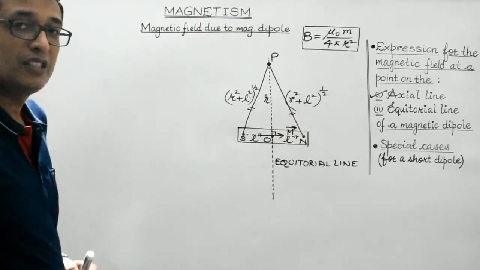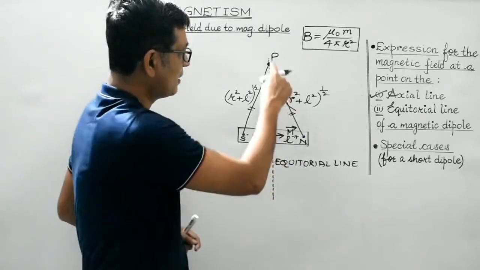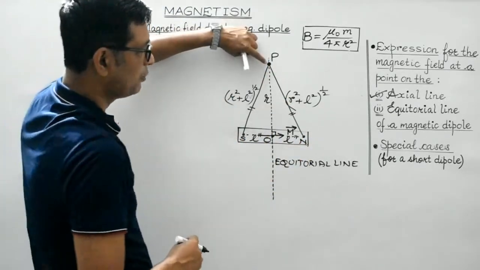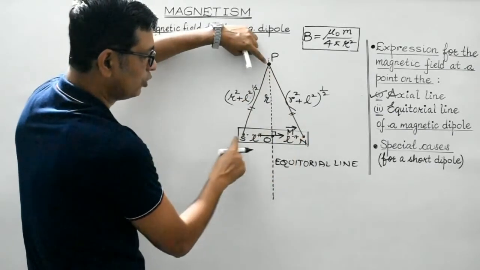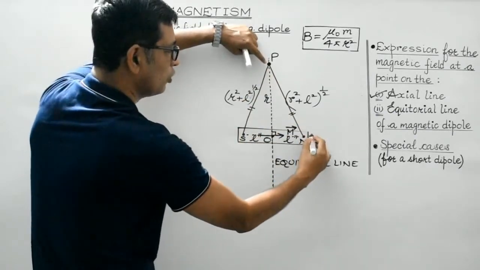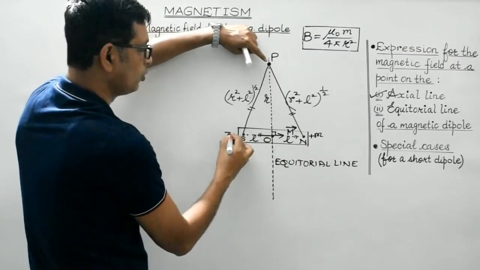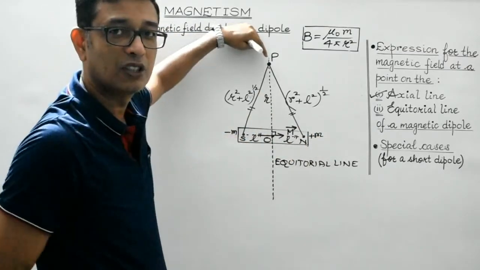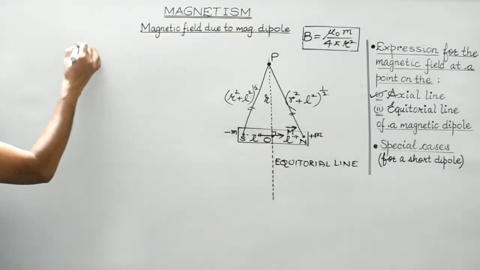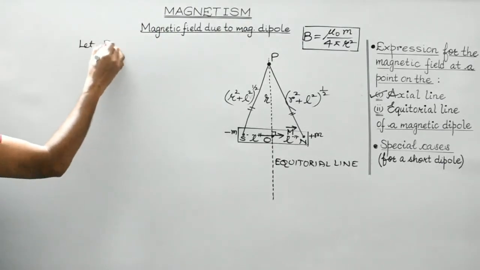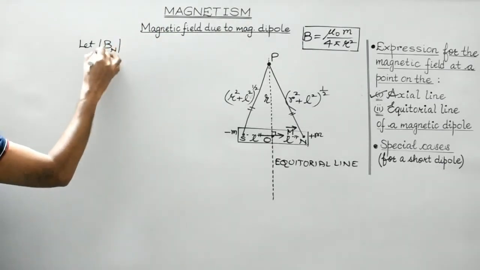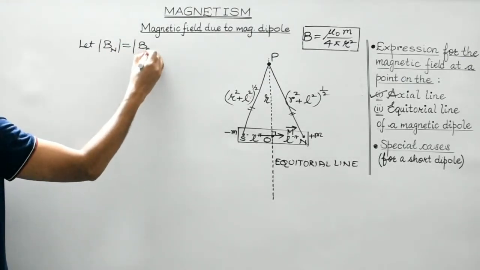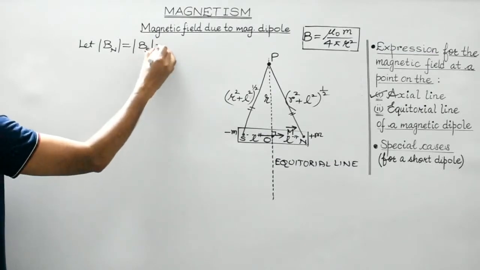Now let's consider the magnitude of the magnetic field at point P due to the north and the south pole. Now look, this point is equidistant from both the north and the south pole. Its pole strength is plus m, its pole strength is minus m. So this point P being equidistant from the south and north pole, the magnitude of the magnetic field at point P due to the north pole must be equal to the magnitude of the magnetic field at point P due to the south pole.